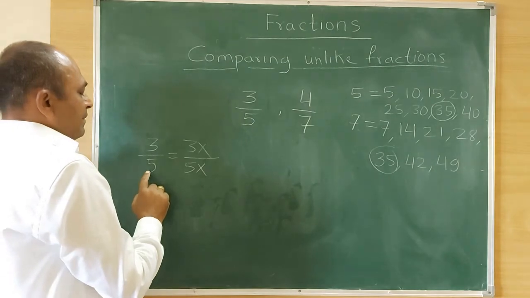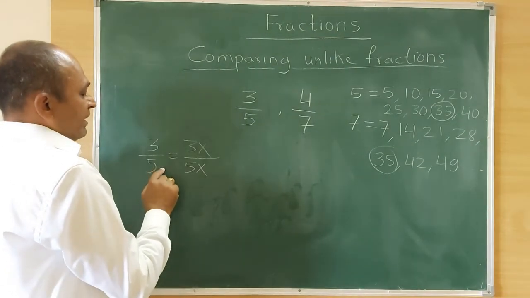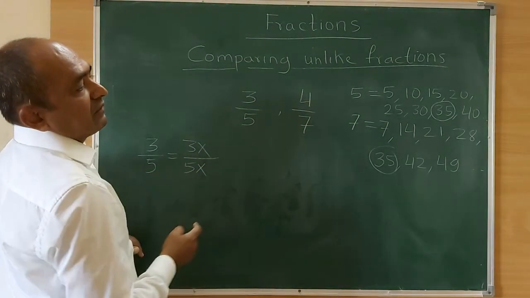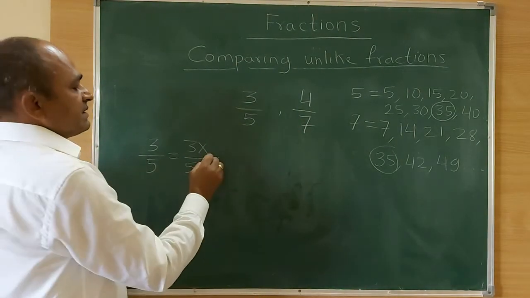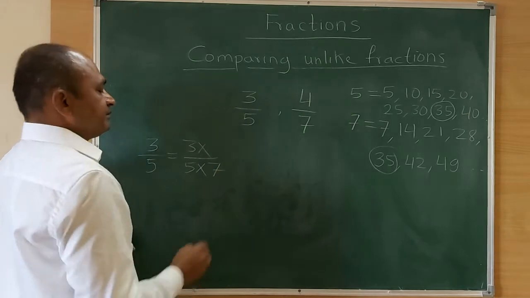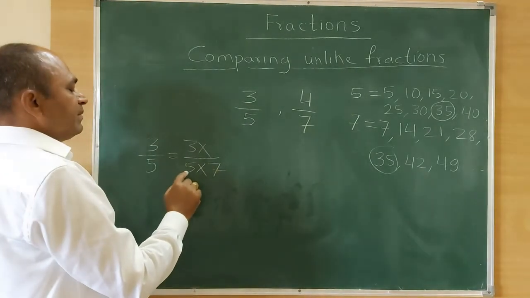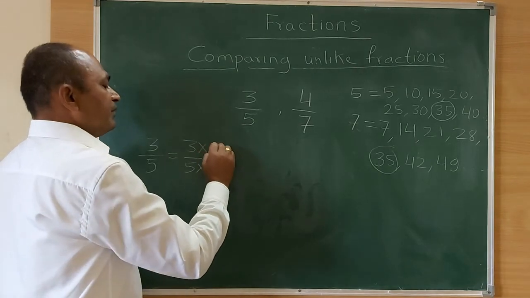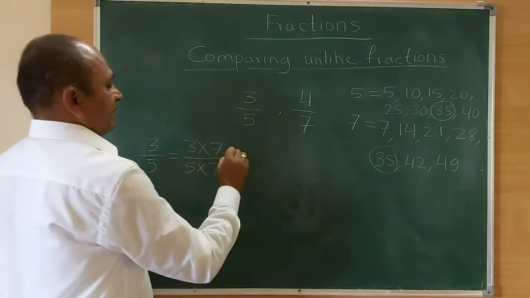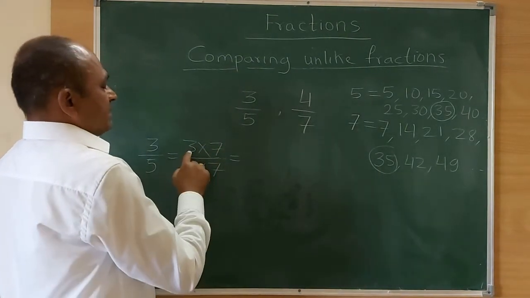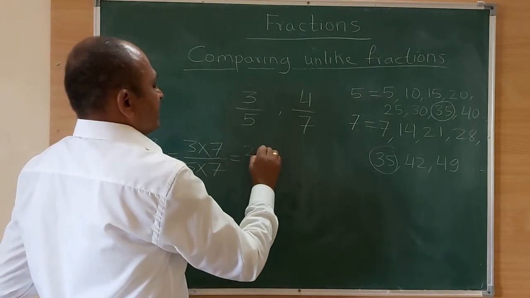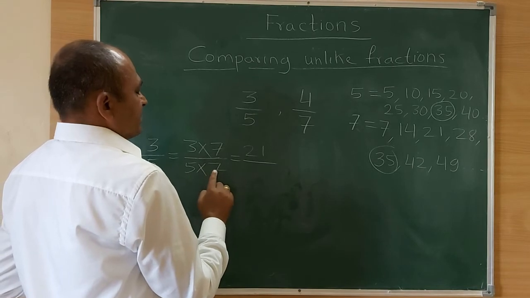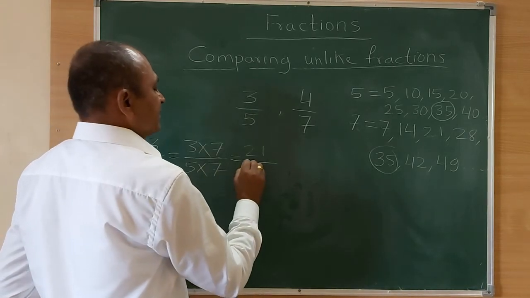So by multiplying this denominator by which number I will get 35? Yes. 5 how many are 35? 5 7s are 35. So when I am multiplying the denominator by 7, I have to multiply the numerator also by 7. 7 3s are 21. 7 5s are 35.